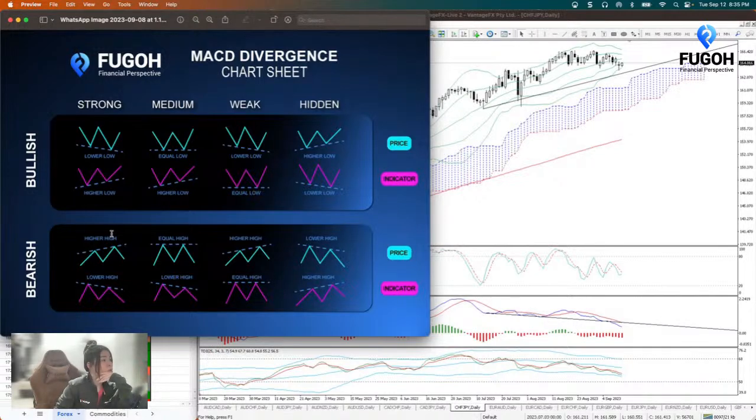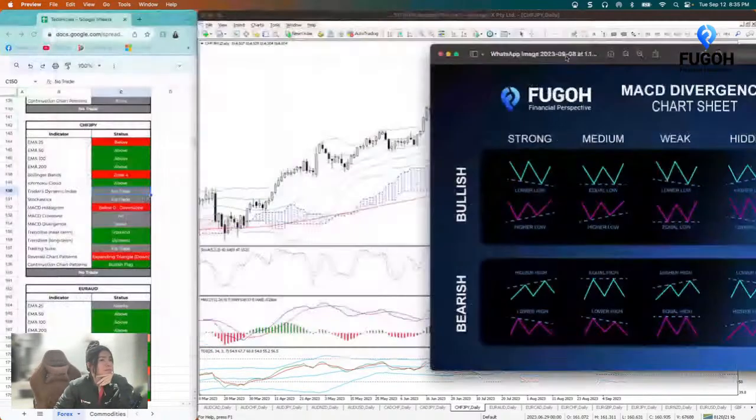So higher low, lower low. See, this is a bearish divergence. Sorry, this is a bullish hidden divergence. Higher low on price, lower low for the MACD. So this is a hidden bullish divergence.